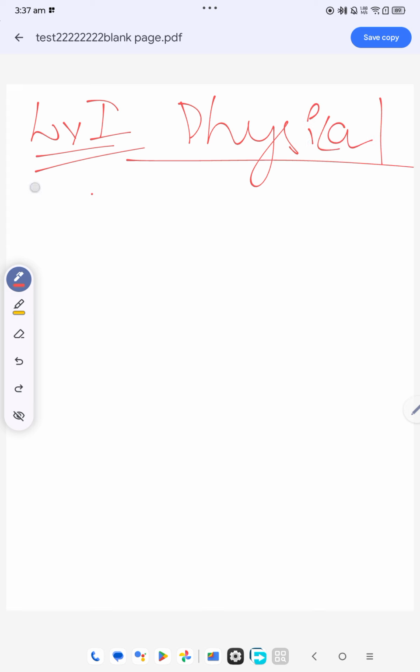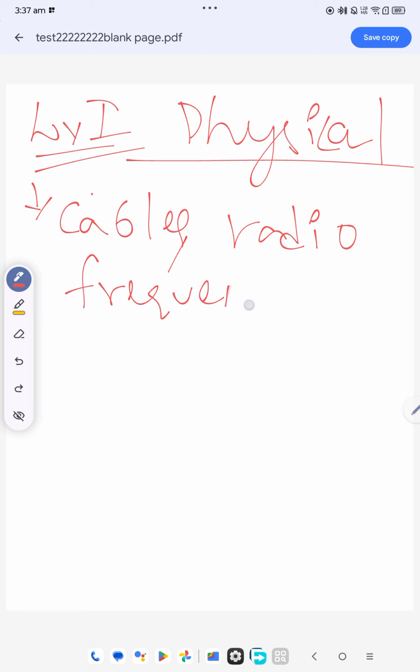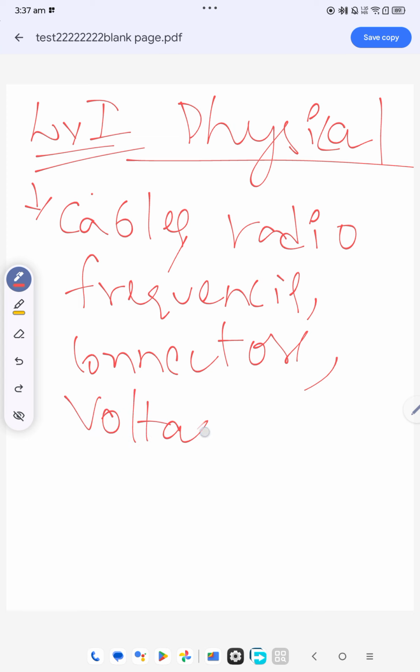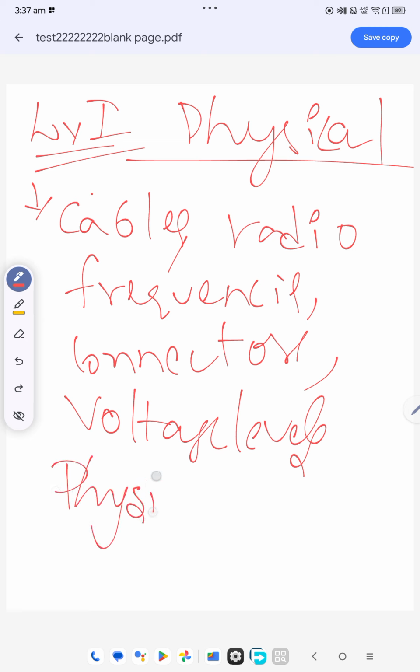It contains cables, radio frequencies, connectors, voltage levels, and it is also considered the physical topology. If a cable is unplugged, then this is a problem of the physical layer. Okay, I think you understand layer 1, right?